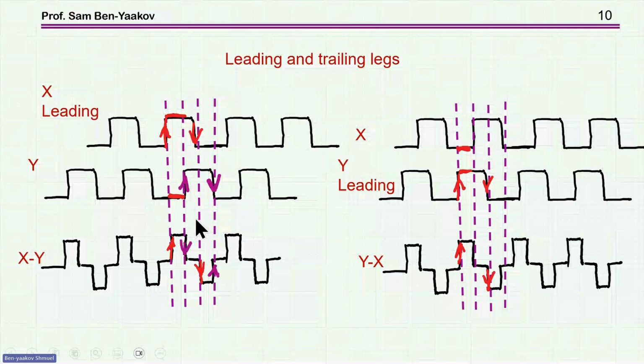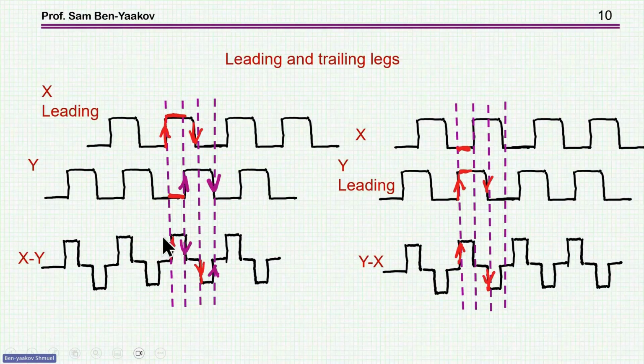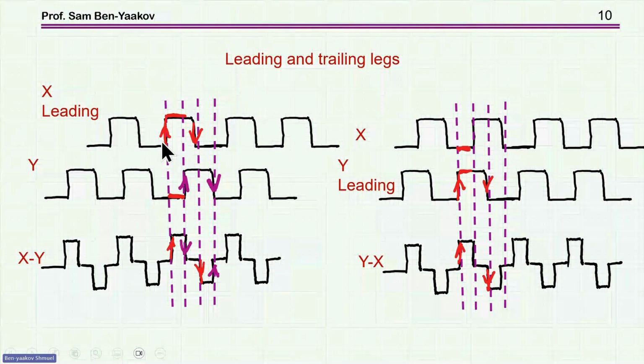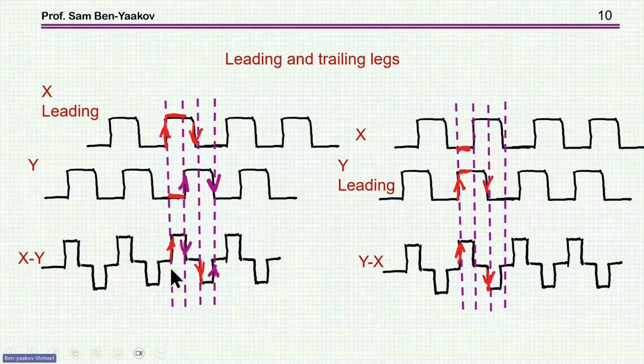And if you'll notice here, what's happening is that this leading part is responsible for turning on the input, actually, okay? The transition of this one, the up and down, is causing this part to go up, and the down is this part to go down.